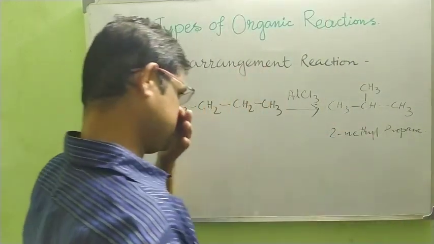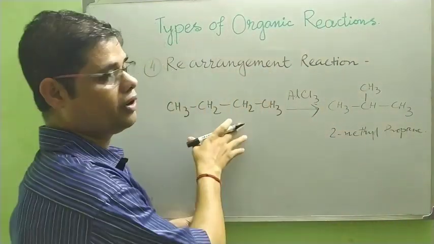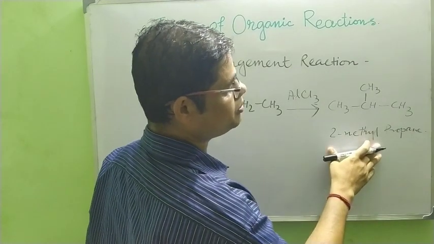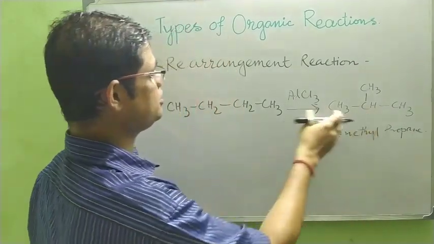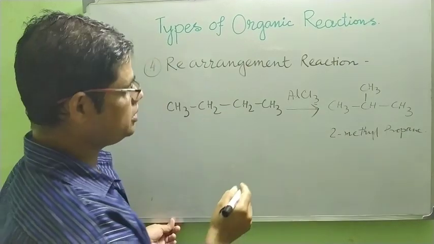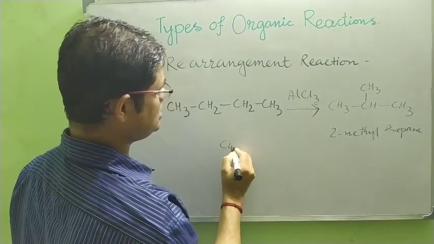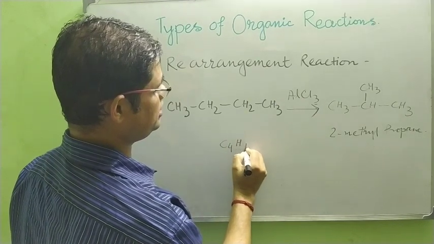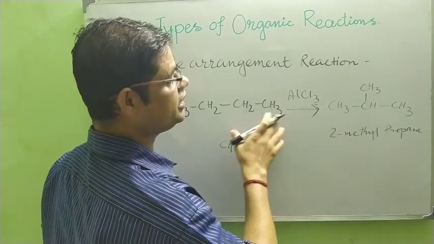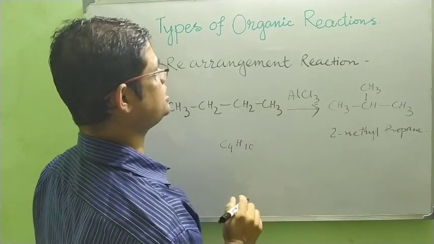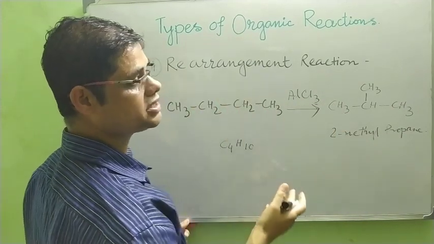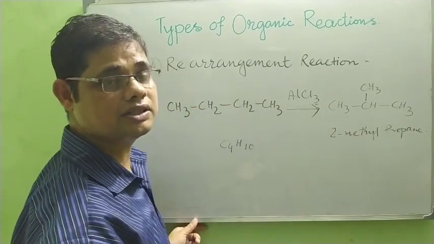So from butane we get 2-methyl propane, an isomer of the former compound. Both these compounds have the same molecular formula, C4H10, but they are different in structures. So they are isomers. So rearrangement reaction is called an isomerization reaction.